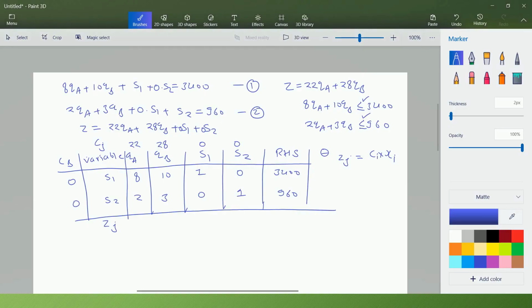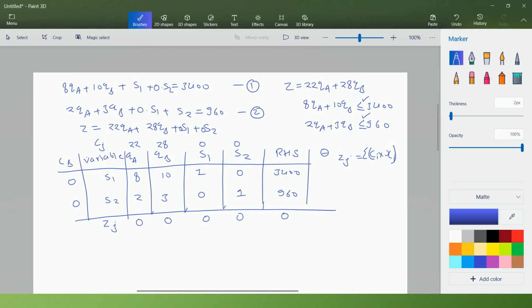So Z is the summation of these things. Here I have 0, 0 multiplied by 8 is 0, 0 multiplied by 2 is 0, so the sum will be 0. For this, 0 multiplied by 10, 0 multiplied by 3, the sum will be 0. So initially we will have all zeros here.